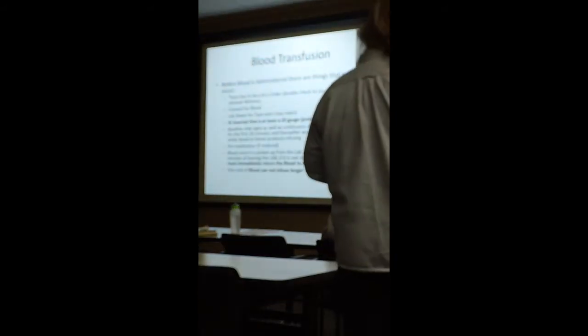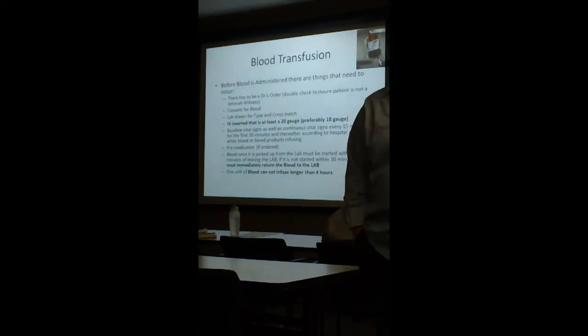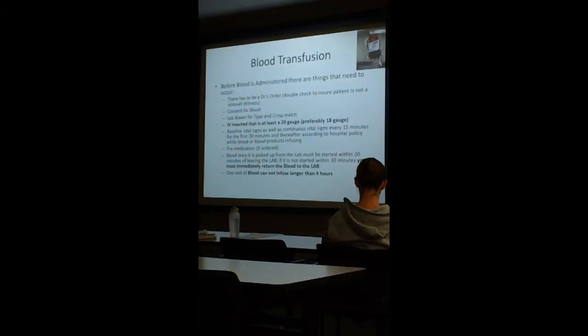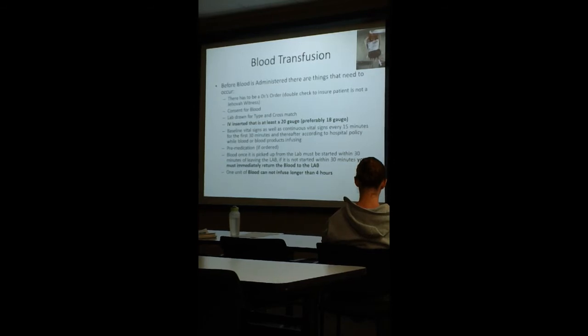Usually I hang packed RBCs, fresh frozen plasma, platelets, cryoprecipitate. The albumins are pharmacy created, the glass bottles, the salt-poor albumins, and they don't even consider those blood products. The blood products are what we get from the blood bank. The salt-poor albumin and the 5% albumins come from pharmacy.